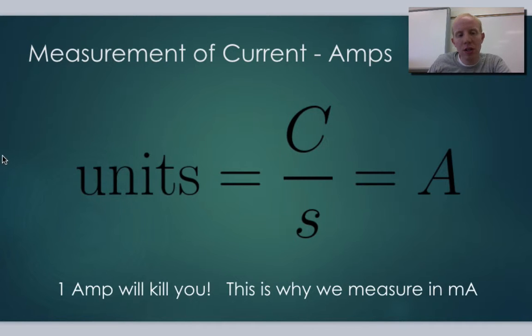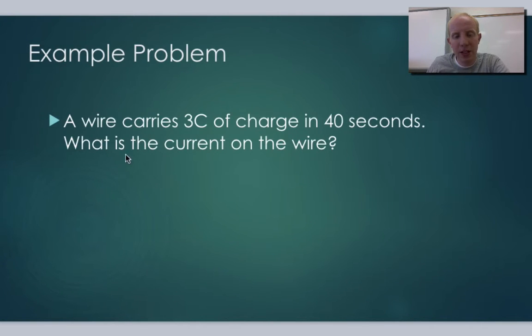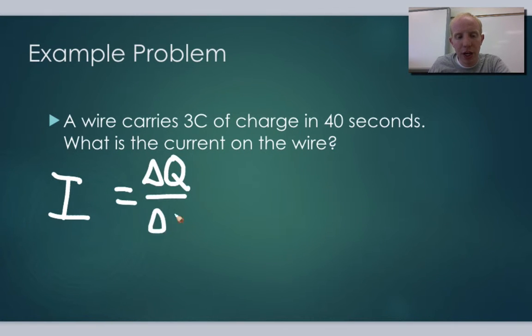So let's just try an example problem. A wire carries 3 coulombs of charge in 40 seconds. What is the current on the wire? Current is equal to the change in charge over the change in time. In this case, 3 coulombs is our change in Q, and 40 seconds is our change in time. So that makes this really easy.